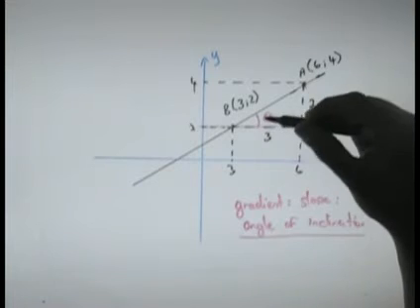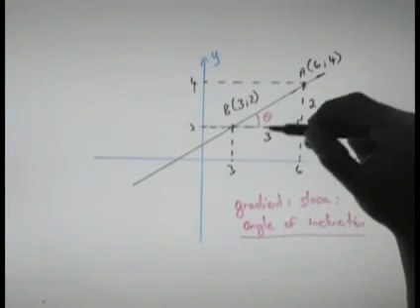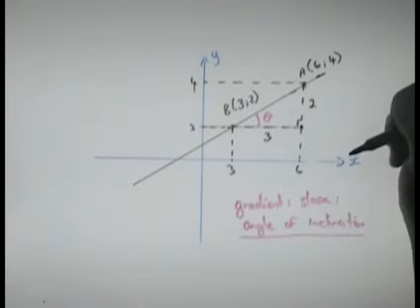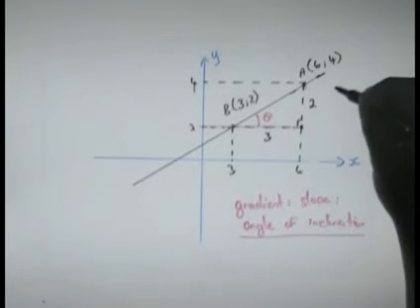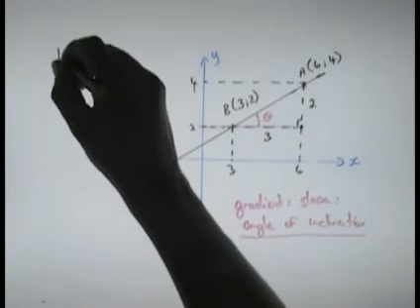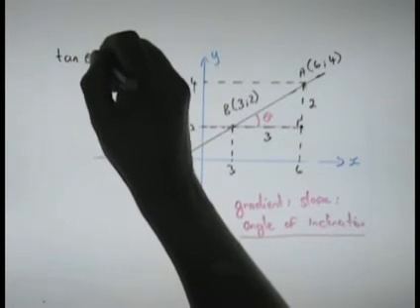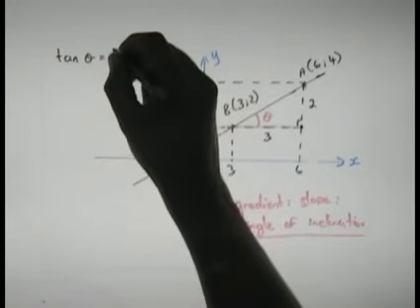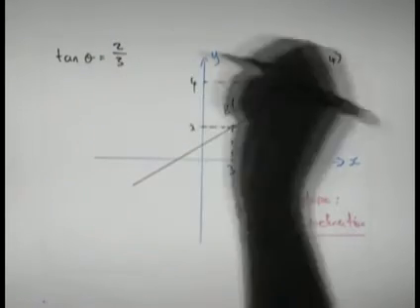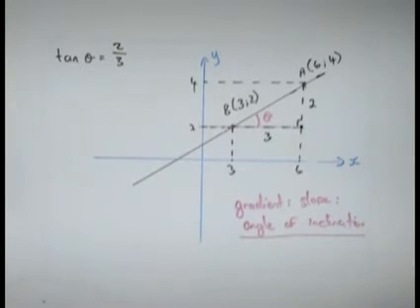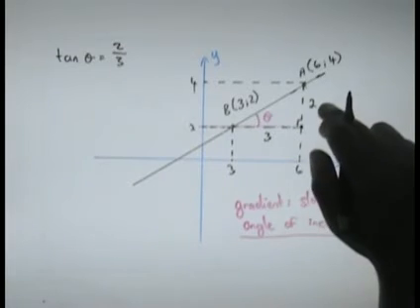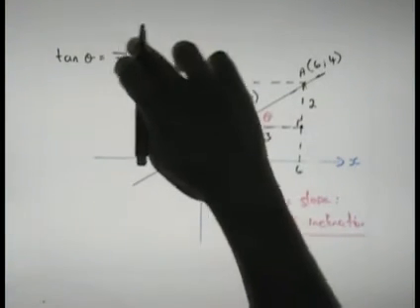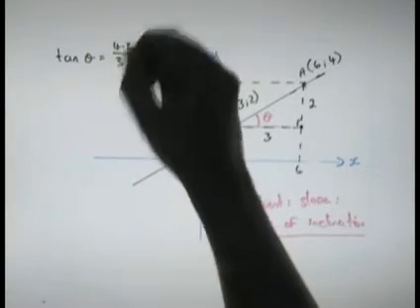This side is opposite theta, and this side is adjacent or next to theta. What if I use tan to get my angle of inclination? Tan theta in this case would equal 2 over 3, opposite over adjacent. But instead of saying 2, I'm going to say 4 minus 2, which is how I got to the 2.